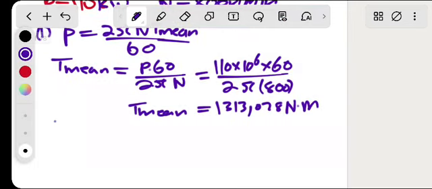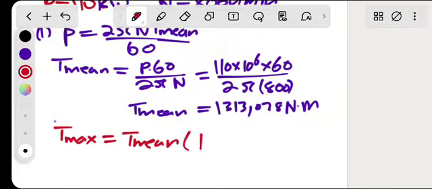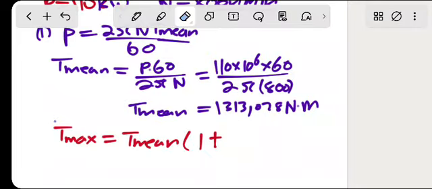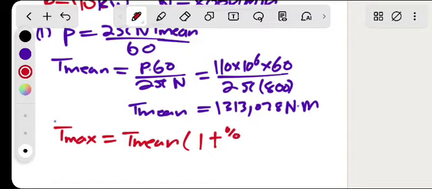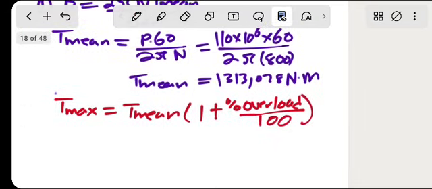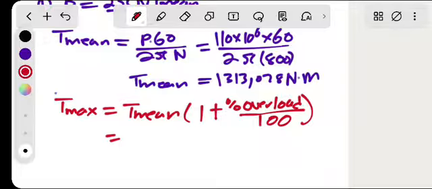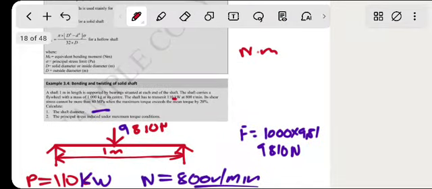But now we know that the maximum torque, T max, is supposed to be equal to T mean times 1 plus the percentage overload divided by 100. So we have T mean, 1313.028, times 1 plus the percentage we have been given.